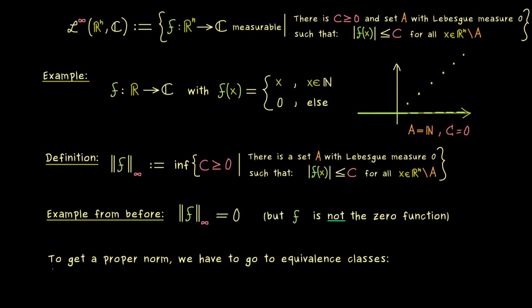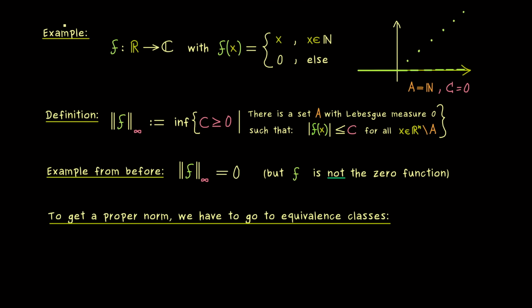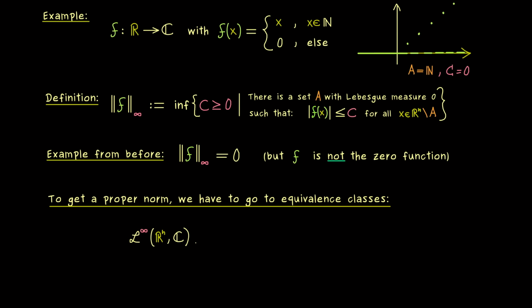And for the sake of completeness, I will also write down the definition of these equivalence classes again. More concretely, we just need an equivalence relation on our vector space L-infinity. And if we use a tilde for the equivalence relation, then this thing here denotes the set of equivalence classes. And there you know, this gives us our proper L-infinity space.